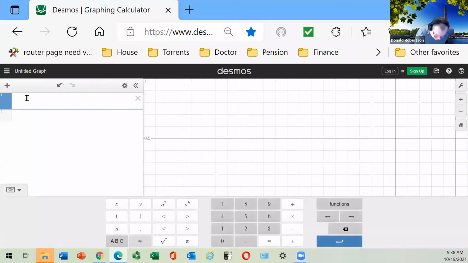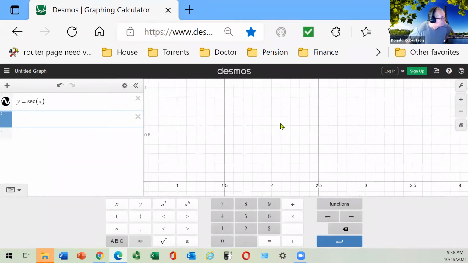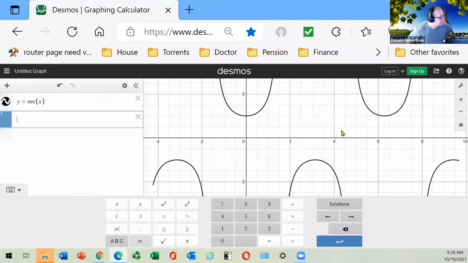So nip over here and switch it so you can see me do it. And let's see what we get. The original function is, come on, secant. If I put a bracket, will it accept it? Yes, it is good. So it likes secant x, that's good news. There we go.